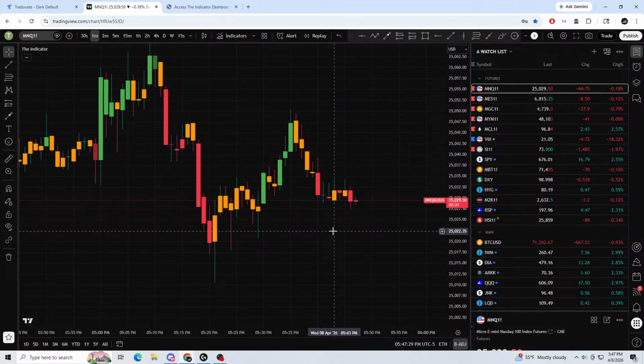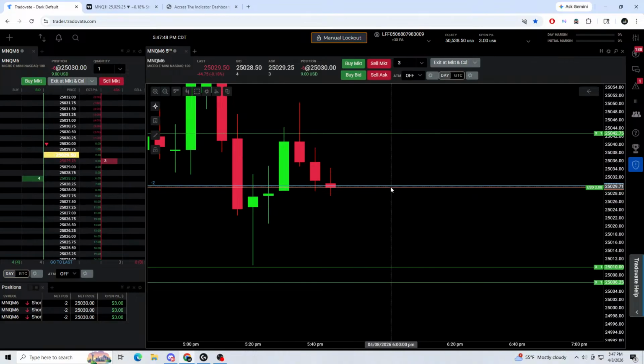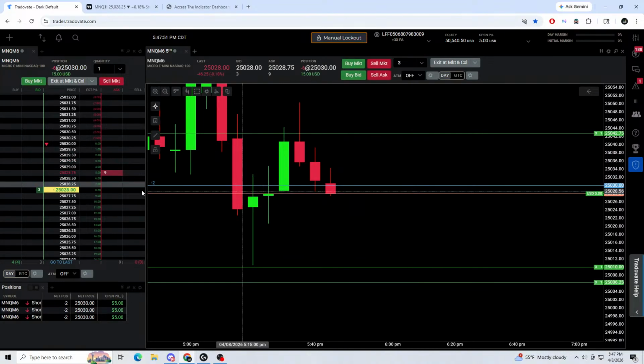We're pretty much near open. But we are bearish, so we're short. Pretty simple. Don't really need to do anything more complicated than that.